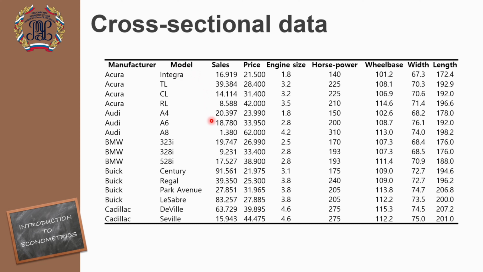And these are the sales for one specific period of time. So the typical example of cross-sectional data shows us how many models we sold and how many units of each model we sold for some specific period of time.